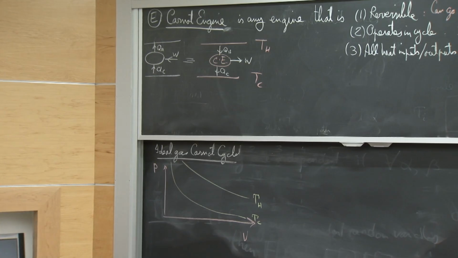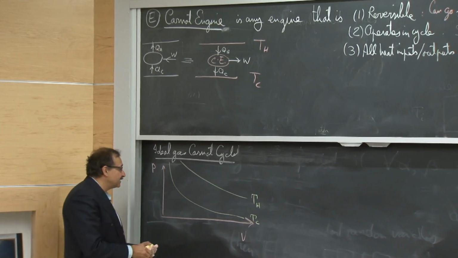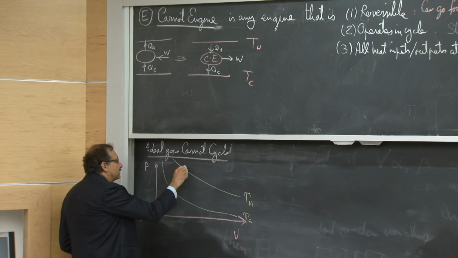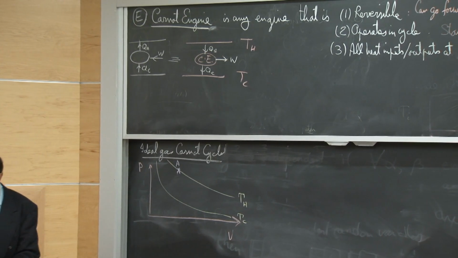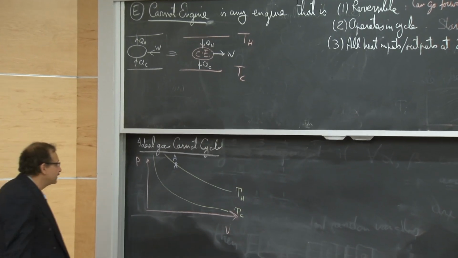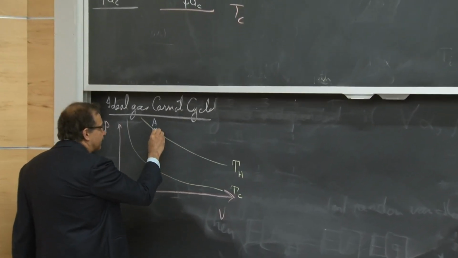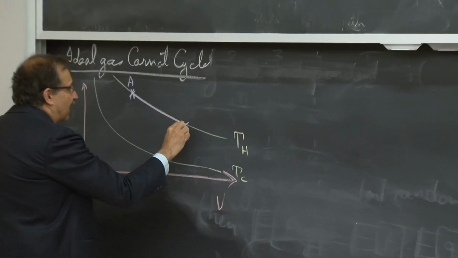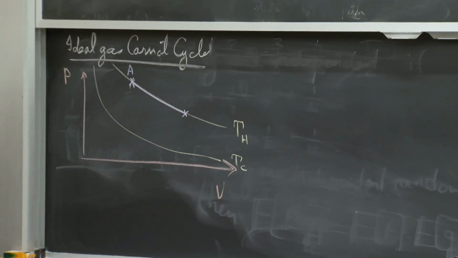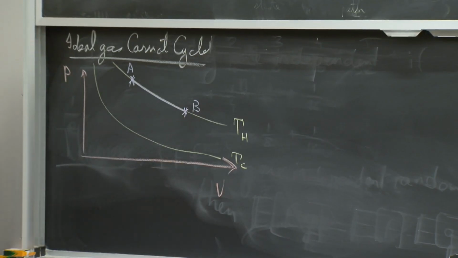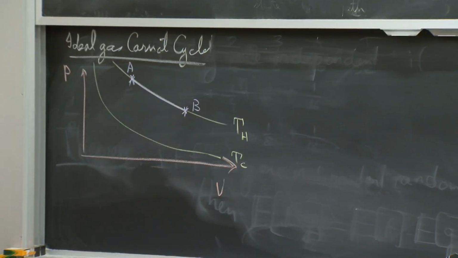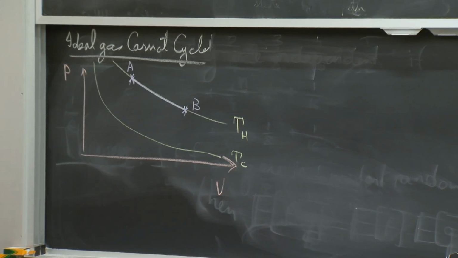And I can imagine taking a gas whose initial state is point A and expanding it while maintaining it at this isotherm TH and ending up at some point B. So as I'm expanding this, let's say I have this piston that contains this gas.